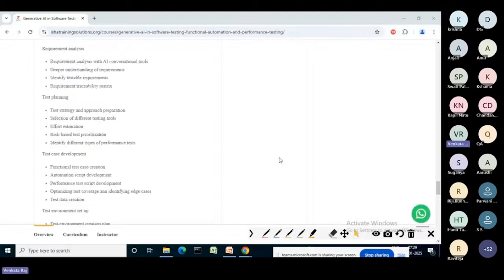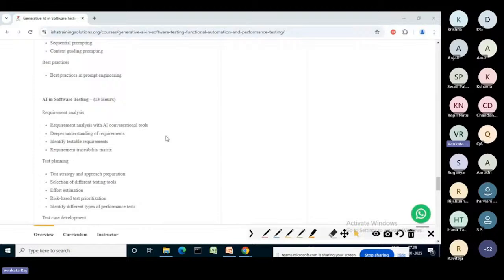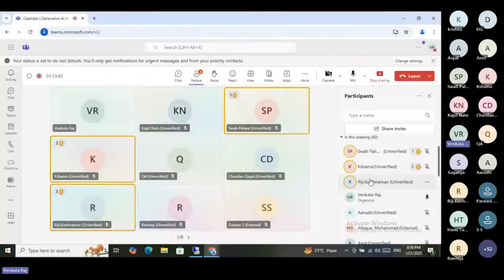As part of requirement analysis, we will see how we can analyze the functional as well as non-functional requirements with AI tools, how we can understand the requirements better and have a deeper understanding of them. AI can also help us identify which requirements can be tested and which cannot.